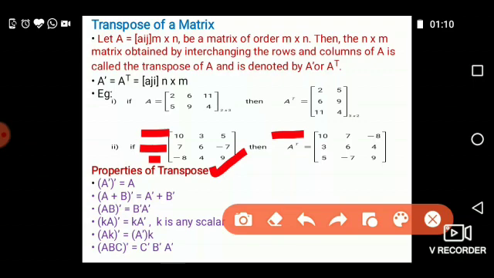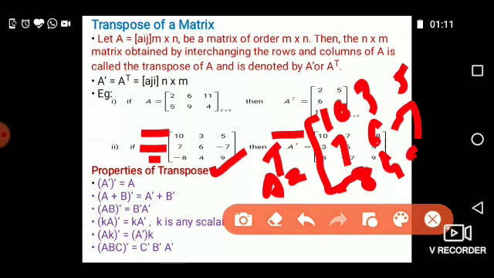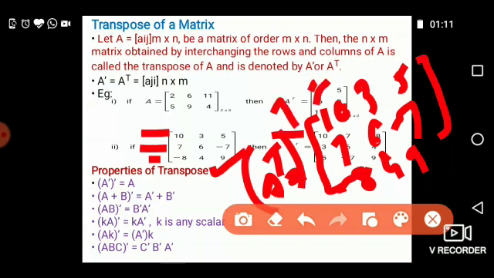If I take one more transpose of the above A dash, that gives a matrix again. Elements in the first row are 10, 7, minus 8. Second row elements are 3, 6, 4 and last row elements are 5, minus 7 and 9. Therefore, A to the power T to the power T gives the matrix A.